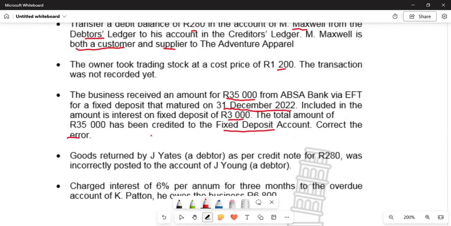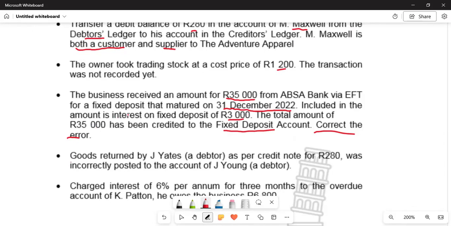Correct the error. So we are going to have a fixed deposit of 3,000 that we are to debit as we receive it.